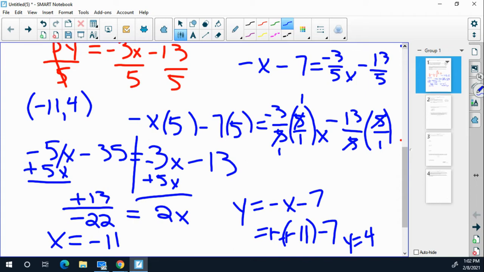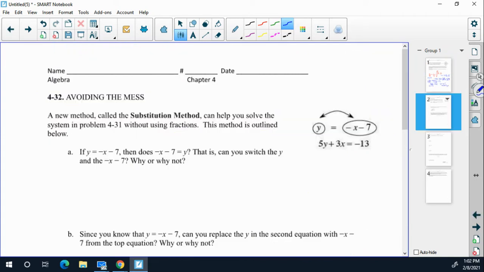Way easier. So now look at the second page, which is basically what we did on the first page. All right? I did things backwards for a reason. So we use substitution.